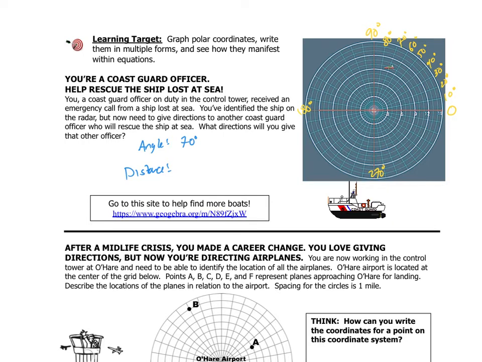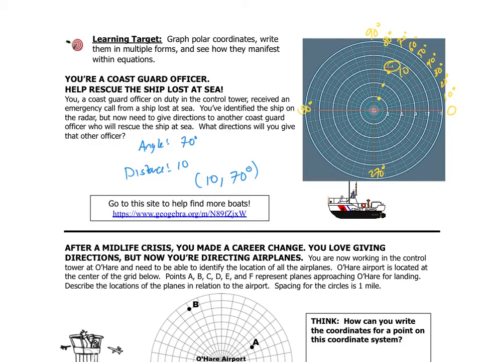We would be at 3, 6, 9. So our ship is at 10 units from the pole. So we're at a distance of 10, and that's all we know. Now going forward, we're going to write this as 10 units from the pole and 70 degrees. I'll put that down here, and that'll become more apparent later.